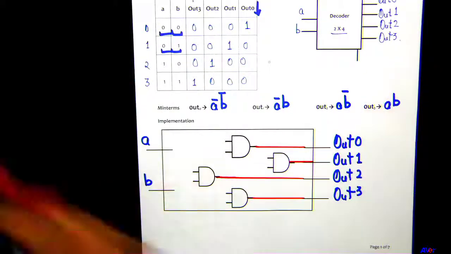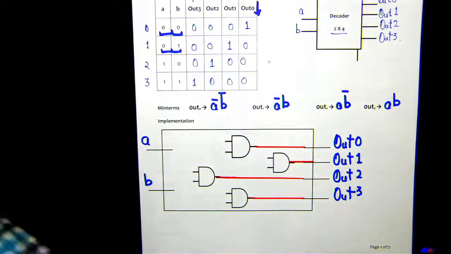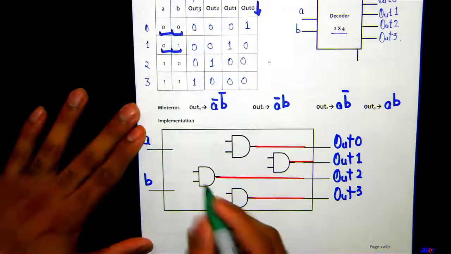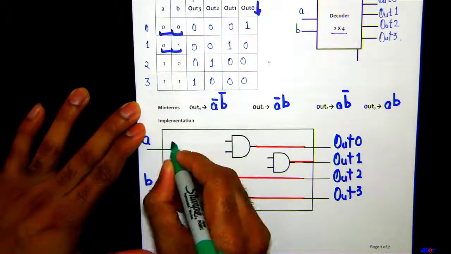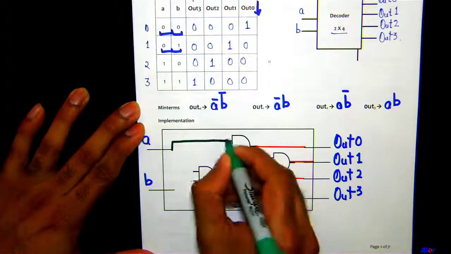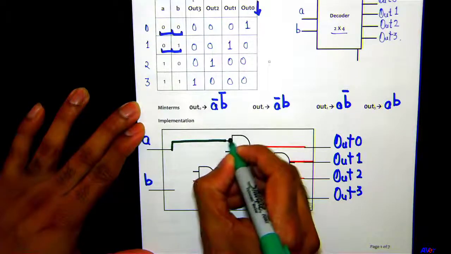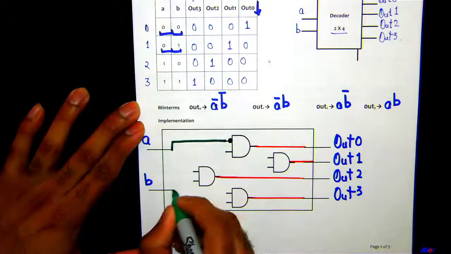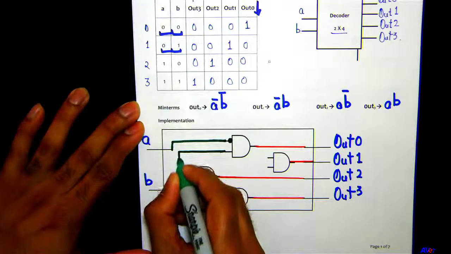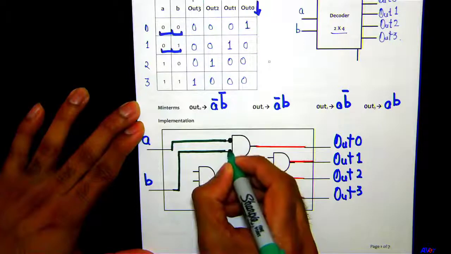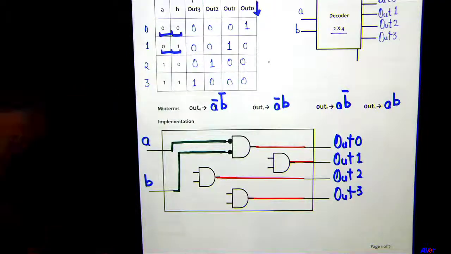Out 0 is actually A bar, B bar. I'm going to use a bubble here instead of an inverter. A bar. This is B bar.